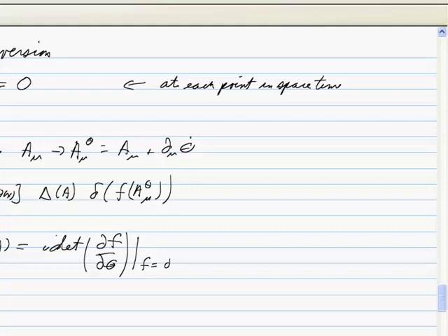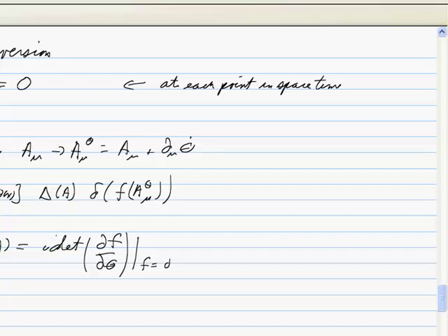Okay, so when you have multiple variables here, this piece becomes the determinant of the transformation from theta to f. That's what this factor is here. And so there's our identity for gauge theories.